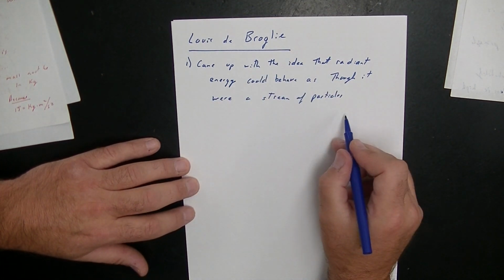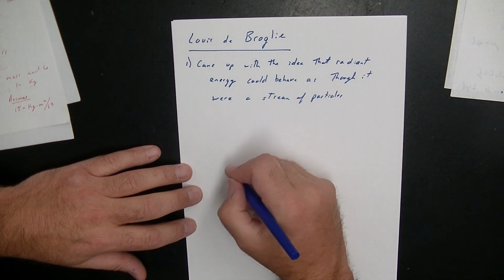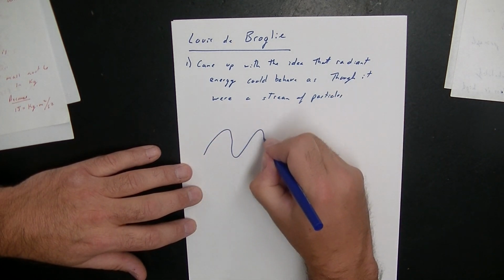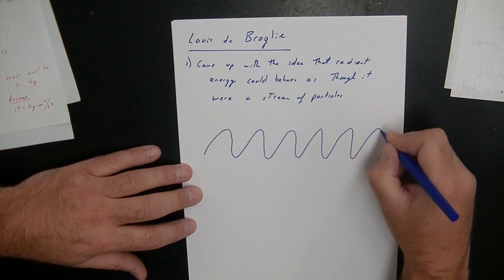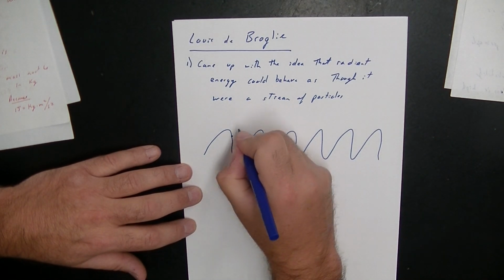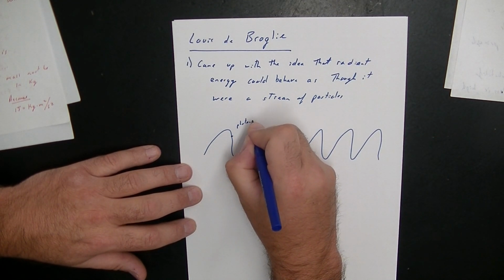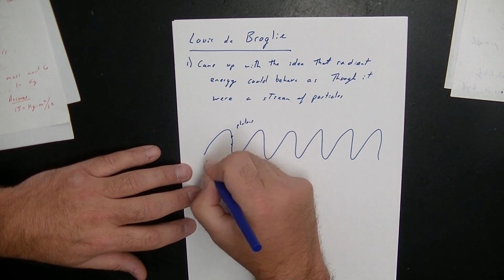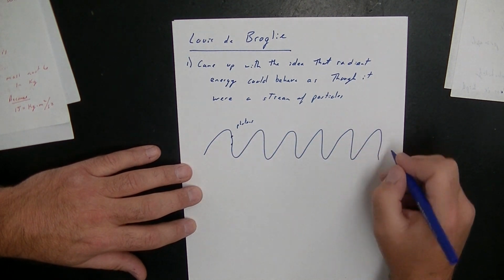He comes up with this idea that light is really just a stream of particles. And those particles are photons in this case. Okay, so he's the one that came up with this idea that this is just a stream of particles.